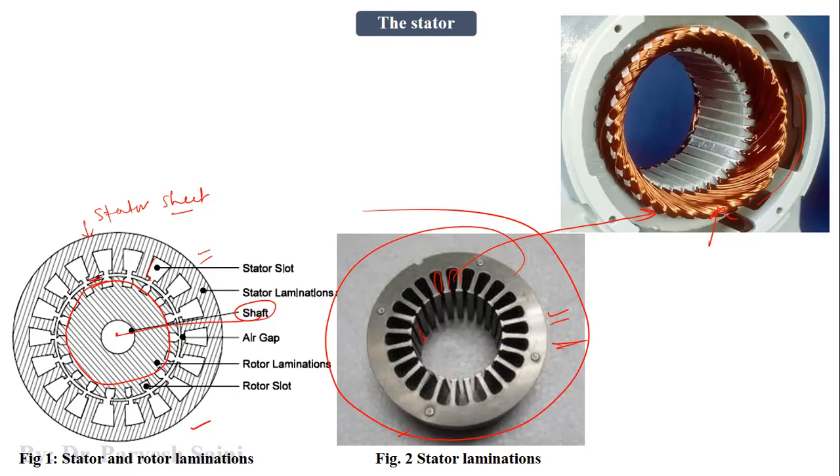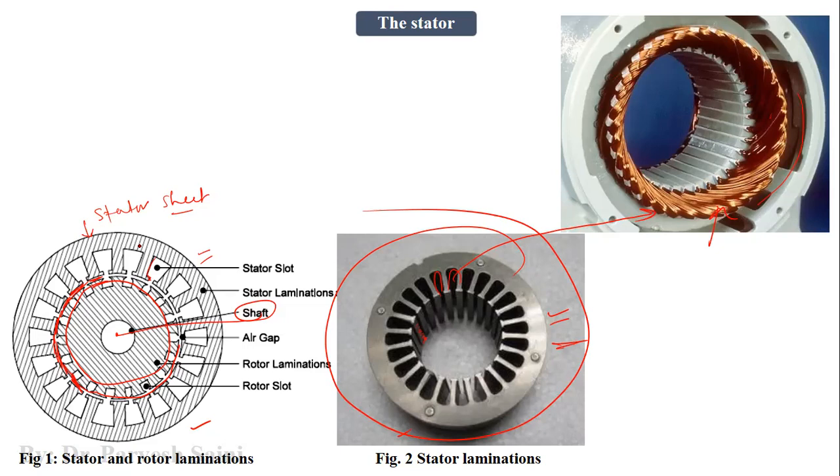We have a small and uniform air gap between the stator and the rotor, right? Stator as well as rotor is made up of laminated sheets of ferromagnetic material, right?